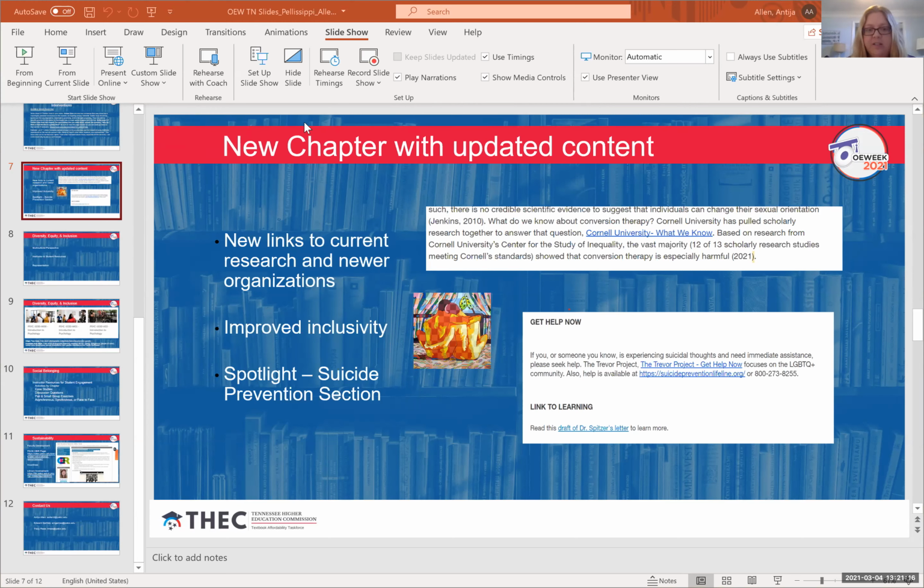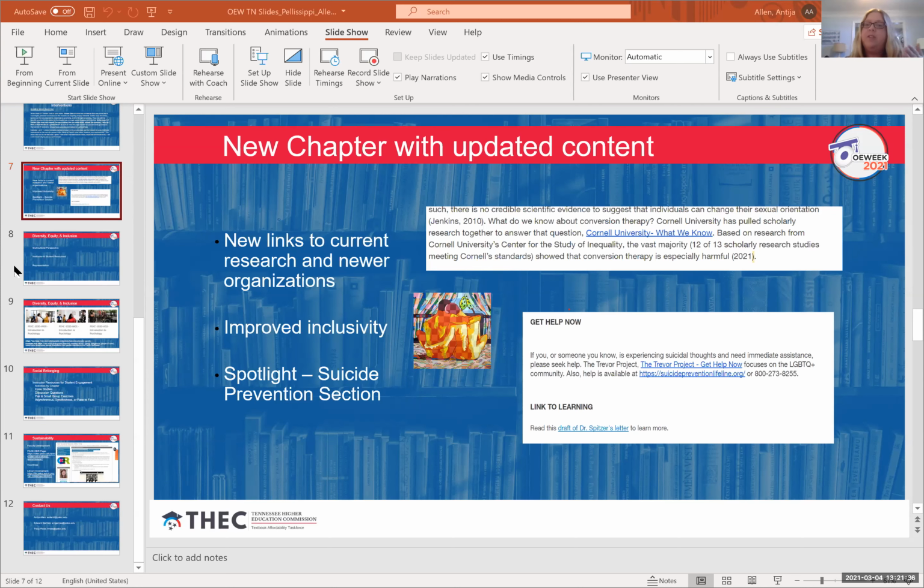I was pleasantly surprised. And also, because this topic and a lot of topics in psychology can be triggers for students, I wanted to put resources for them to be able to get help if they need to. So I've inserted a Get Help Now section. It'll be like a spotlight section for suicide prevention in this chapter.